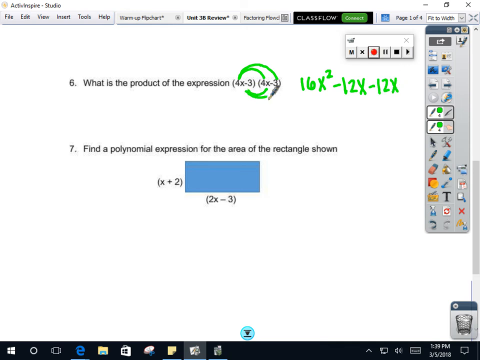And negative 3 times negative 3 is positive 9. Now we combine like terms, which are the middle two, because they're both just x to the first power. So that becomes 16x squared minus 24x plus 9.